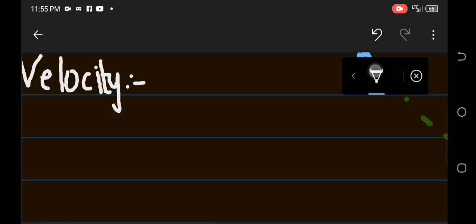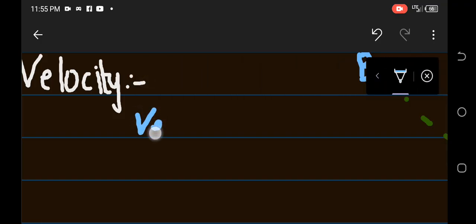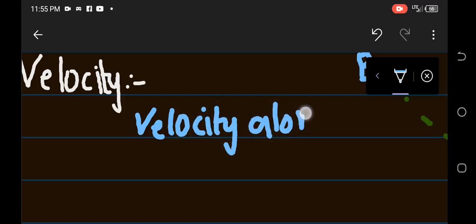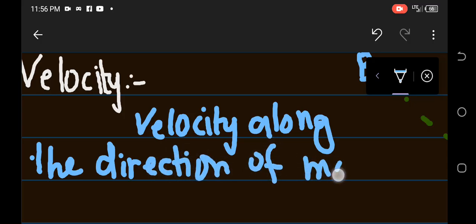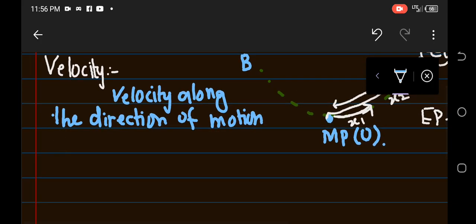So this simply means velocity is along the direction of motion. Like we can say it is always towards the mean position and away from extreme position.